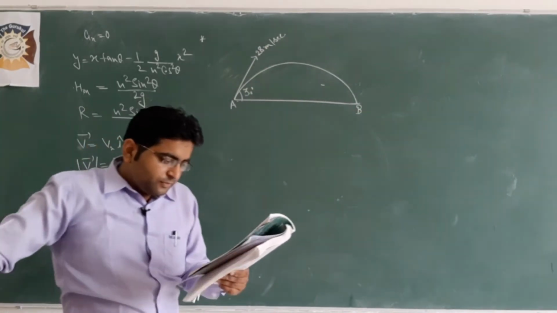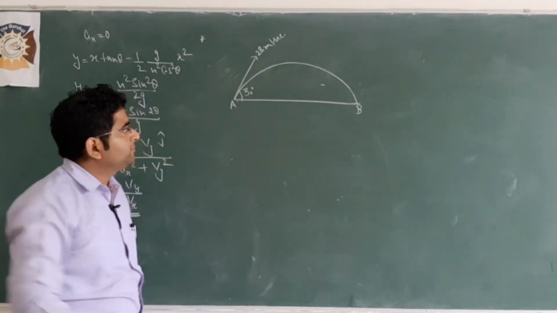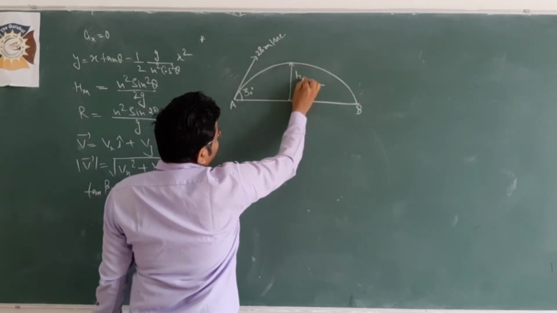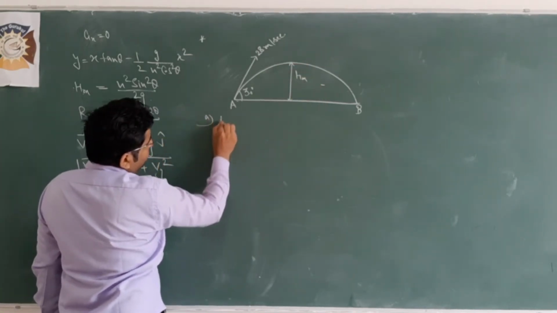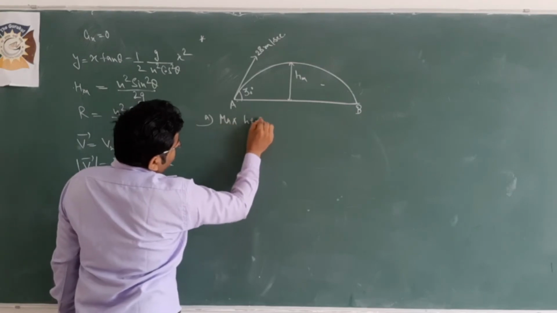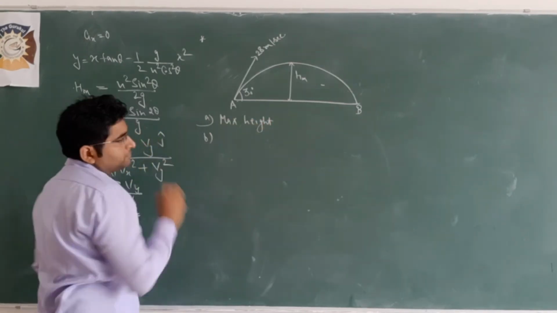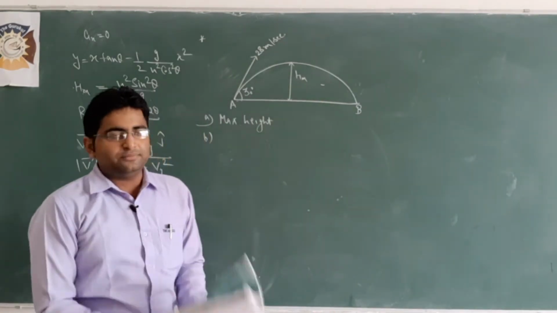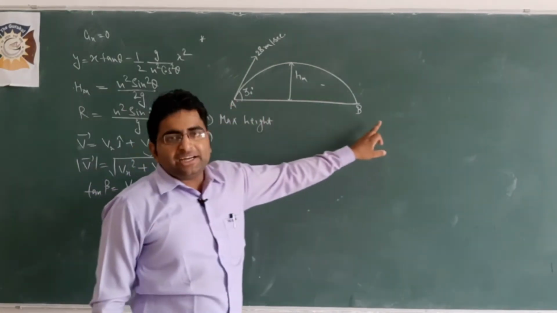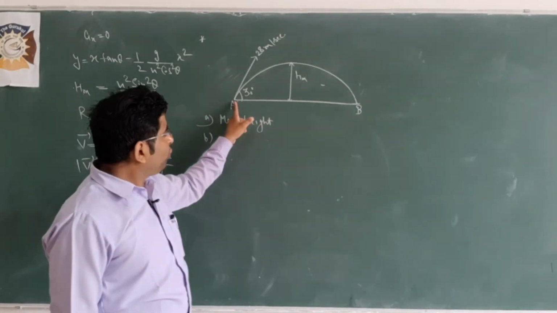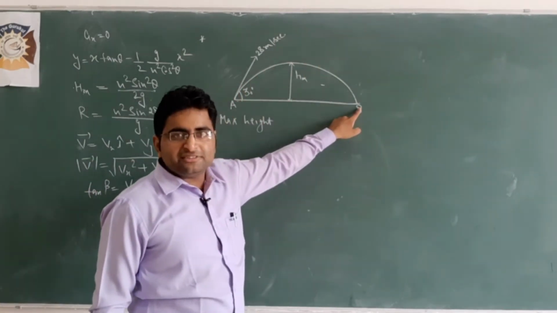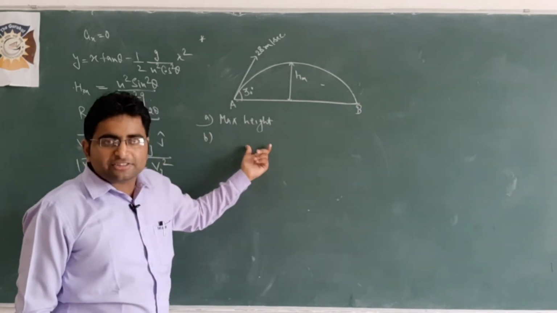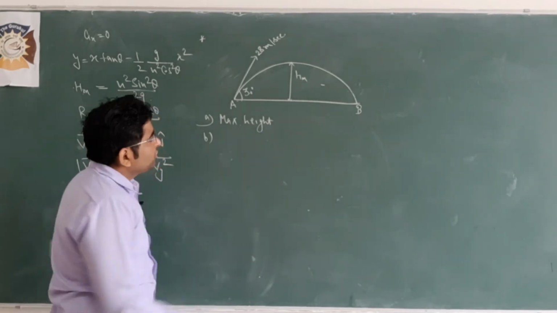Now calculate the maximum height. It means this height we have to calculate. Second, the time taken by the ball to return to the same level. Beta, A and B both are at the same level. When the ball goes from point A to B, it is the time of flight which is asked in this numerical.